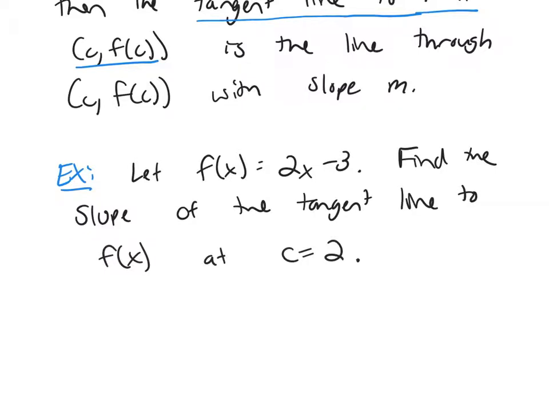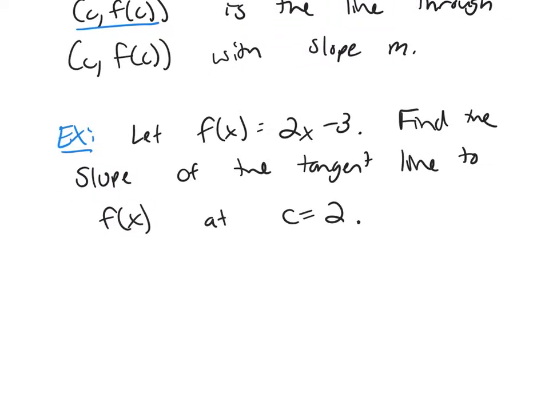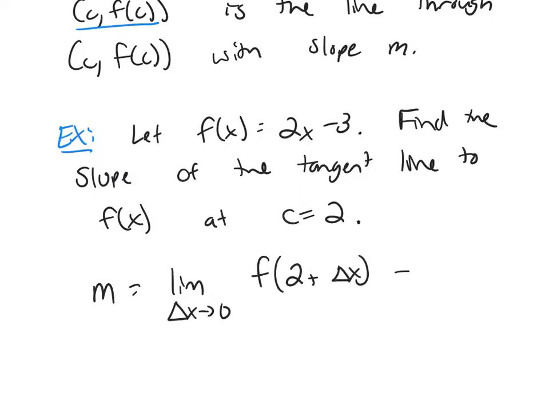So if we're finding the slope of the tangent line, that's m, which is the limit as delta x goes to 0. And we're going to plug in c, which is 2, plus delta x minus f of 2, over delta x.